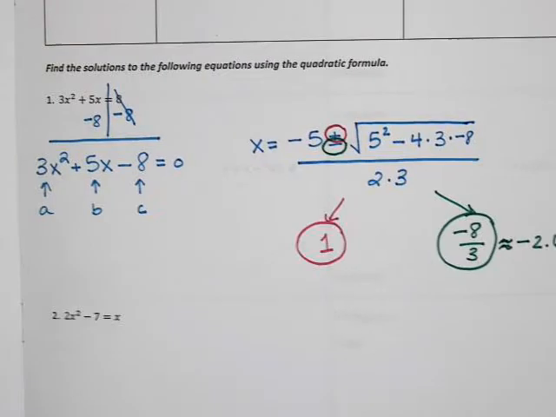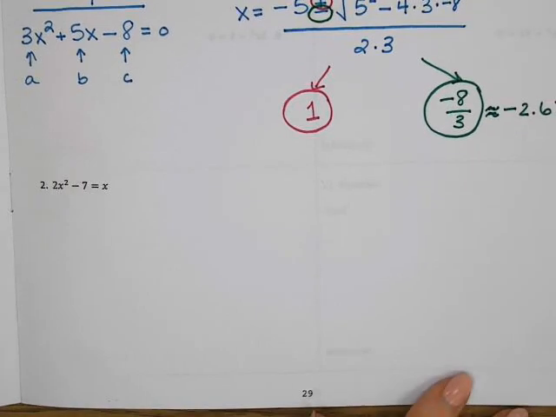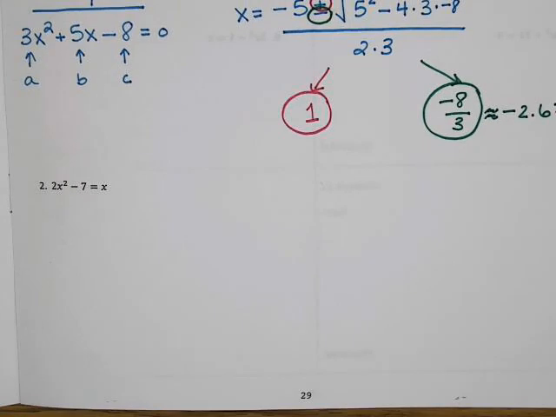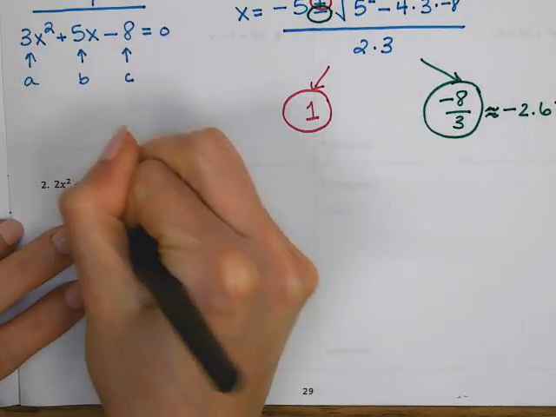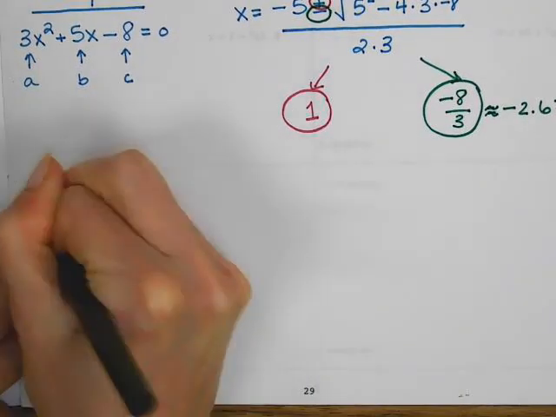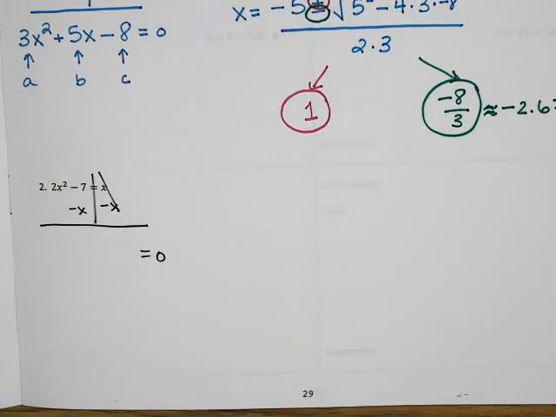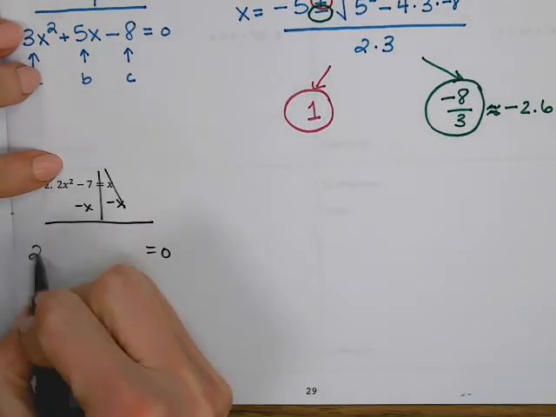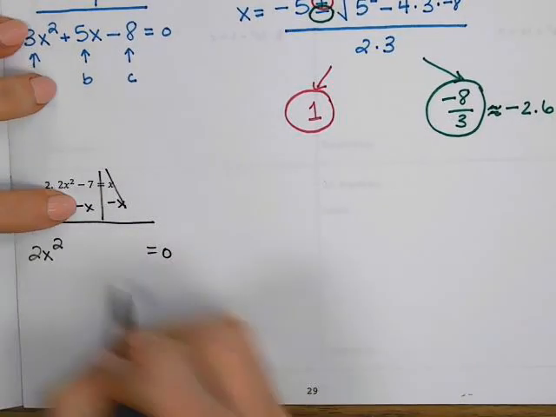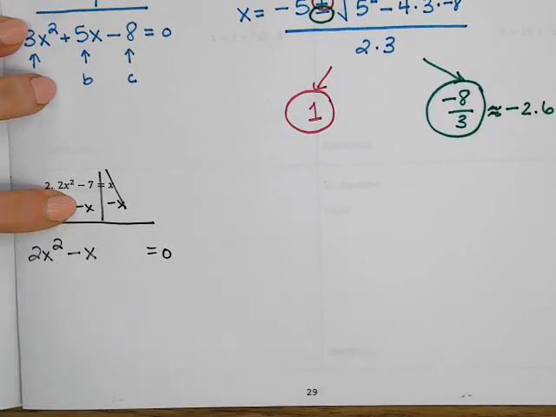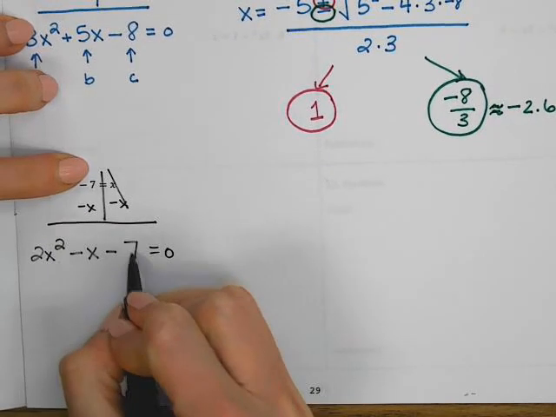All right, let's try one more. Number 2, and then we're done. So first thing, get it in ABC order, and it must equal 0. So on this one, we have to subtract the x over so that the equation equals 0. All right, now be careful. We got to get it in descending order. So the 2x squared comes first, the minus x comes second, and the minus 7 comes third.